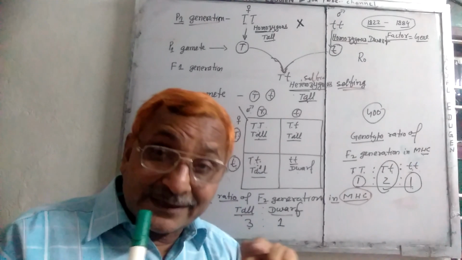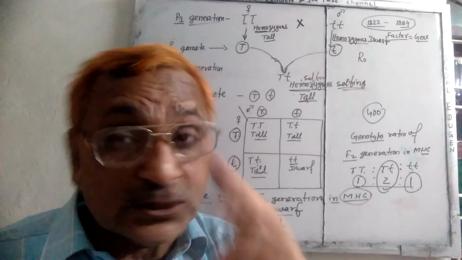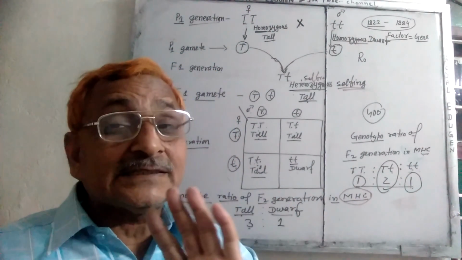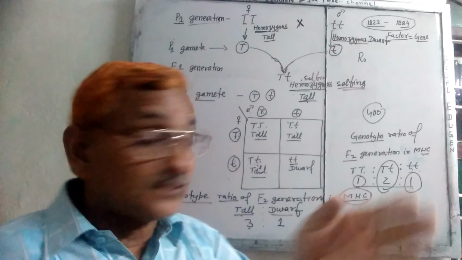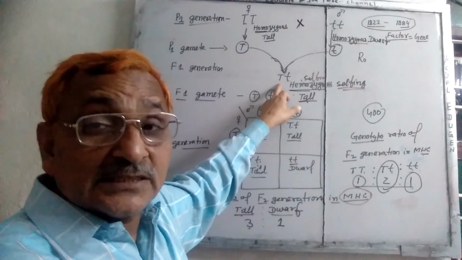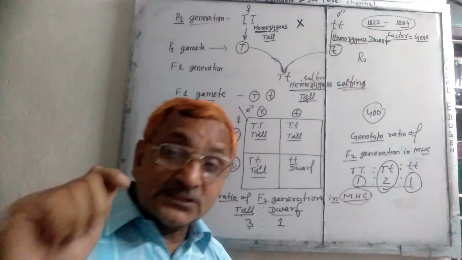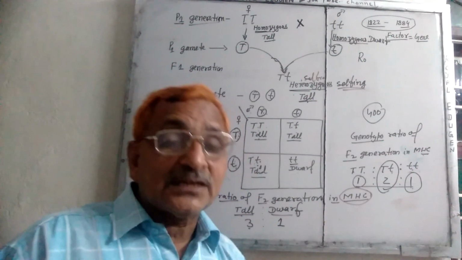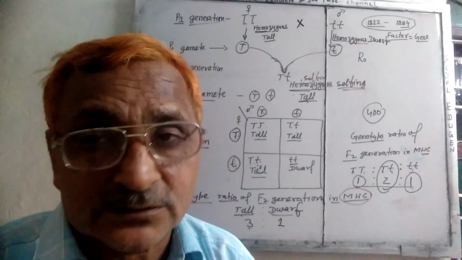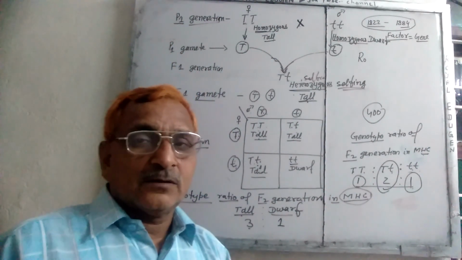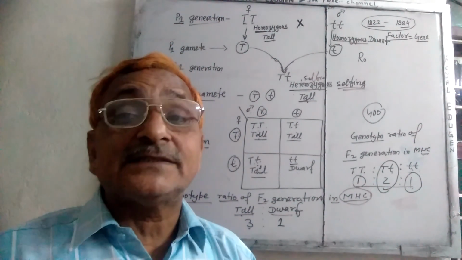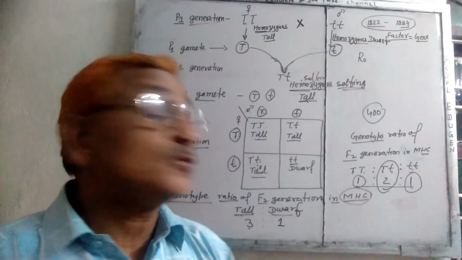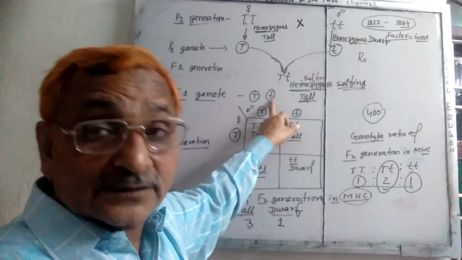So Mendel explained that of the two traits, one is dominant. One is able to express in the heterozygous condition, capital T small t, which expresses itself, capital T. Hence it is a dominant factor, and this law is known as law of dominance. Right? Stated. But it doesn't mean that the recessive factor has gone. No, the recessive factor is still there.